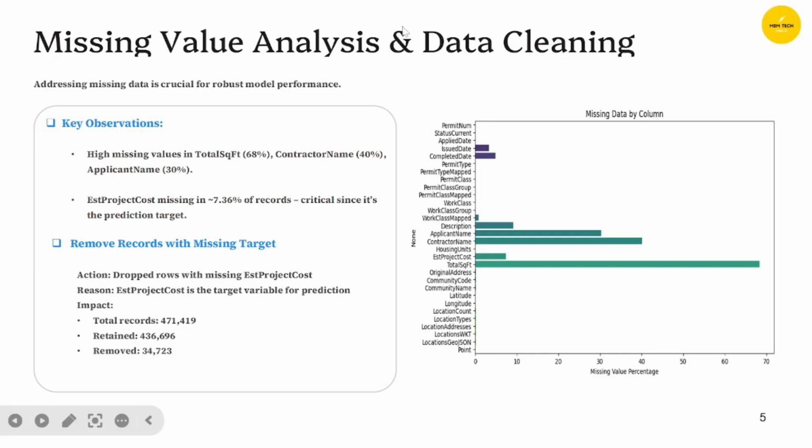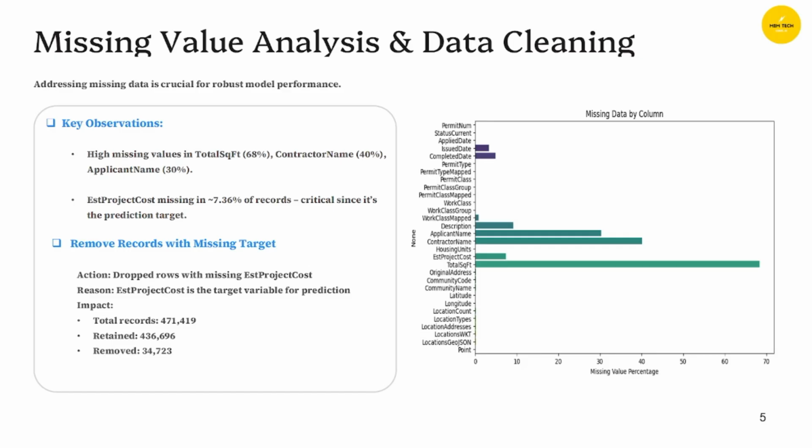So here it is visible that there are high missing values in total square feet, like 68% missing, contractor name is about 40%, and applicant name has 30% missing values. My target variable, the estimated project cost, also has some missing values, 7.36% of records where the data is not present.